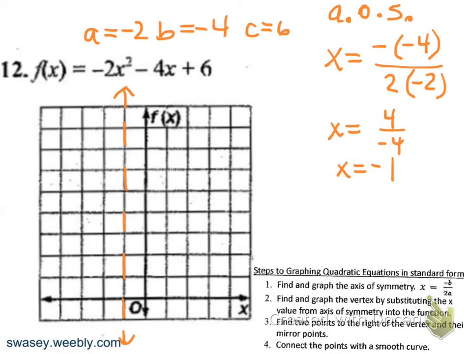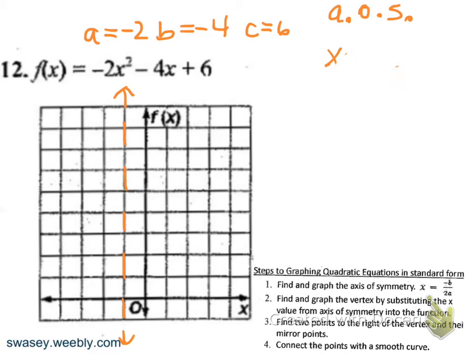Now we're going to take that negative 1, that x value, and plug it in for x and find the y value, find the f of x value. So in this function, everywhere we see an x, we're going to put negative 1.